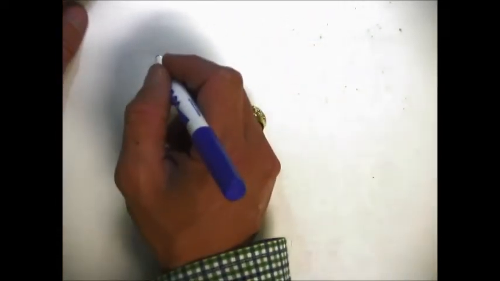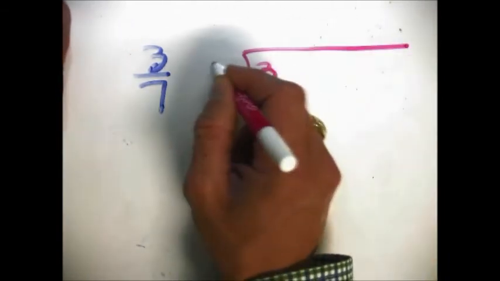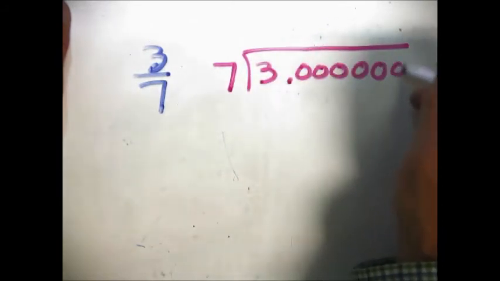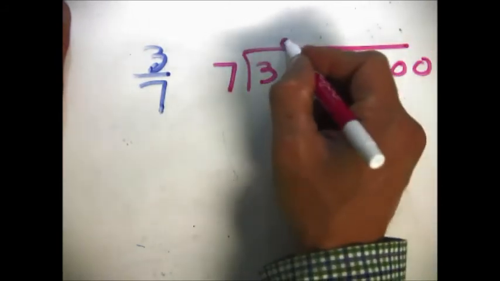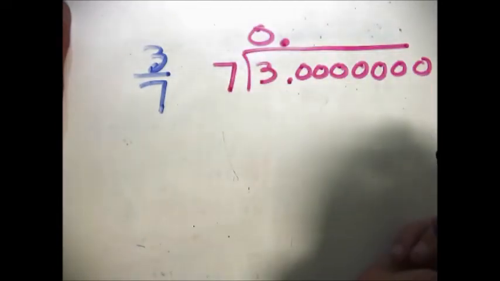Okay, here's going to be the last example that we do. Let's go with 3 over 7. So what I'm going to do is top dog in the house. I'm going to do 3 divided by 7. Seven goes into 3 0 times. 7 goes into 30.